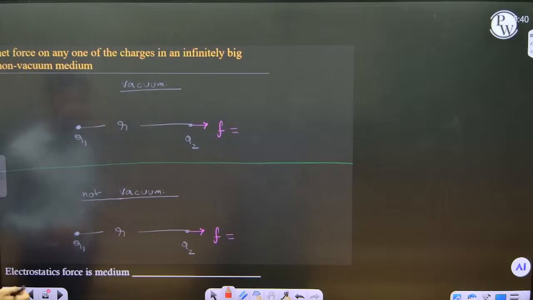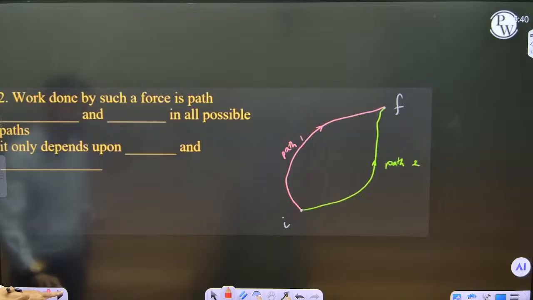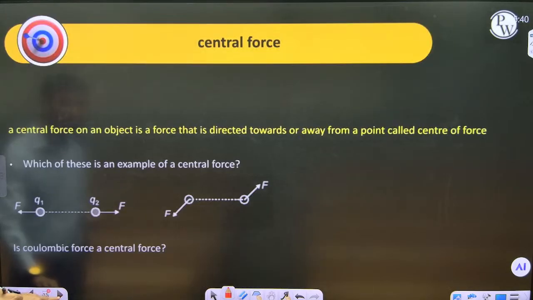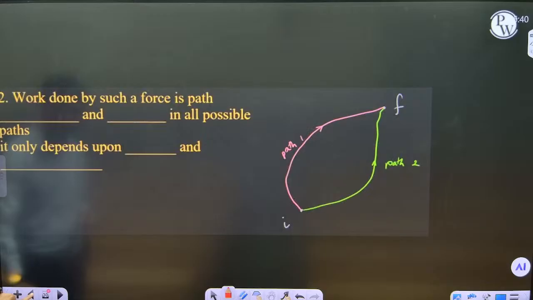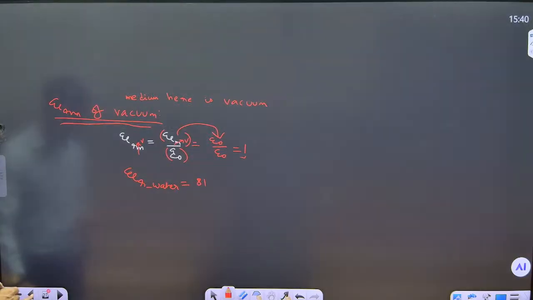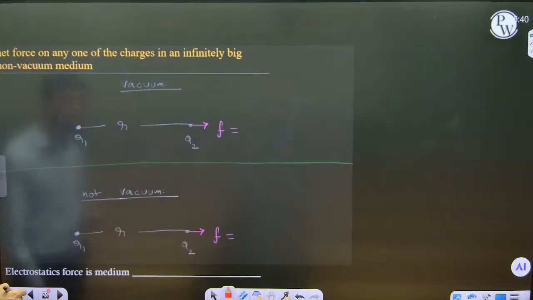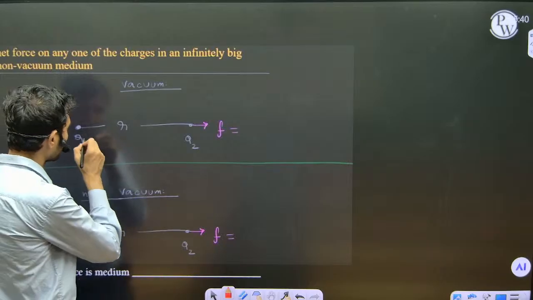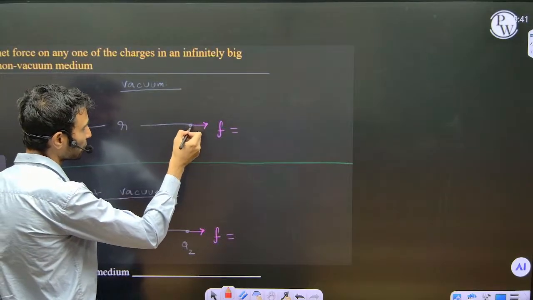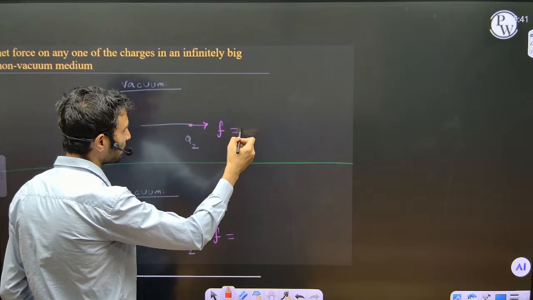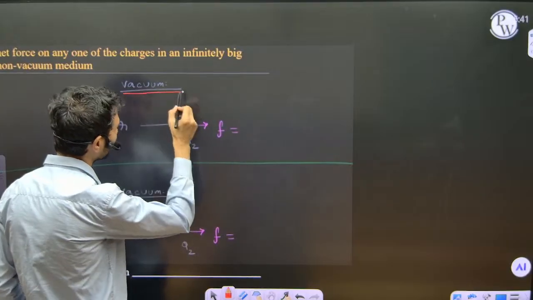Now let us see the net force on two charges. So what is the force on Q1 and Q2? They're kept in vacuum. So what is the formula?